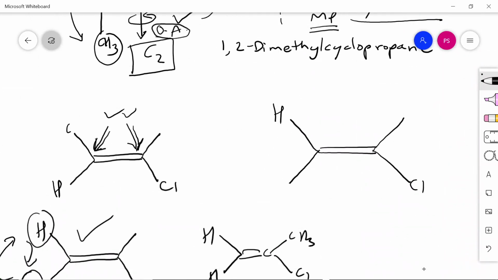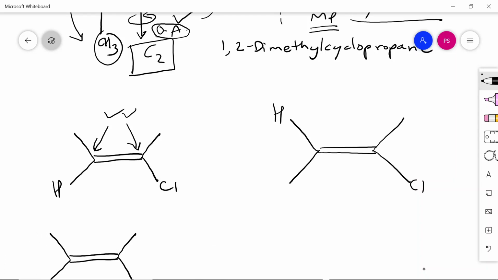Here you can see CH3 group, H, different groups. Here CH3 group, Cl, different groups. That's why cis-trans isomerism is possible here. No need to write the CH3 groups, because CH3 is already there. No need to put.